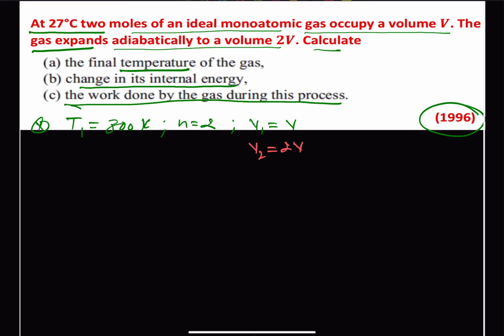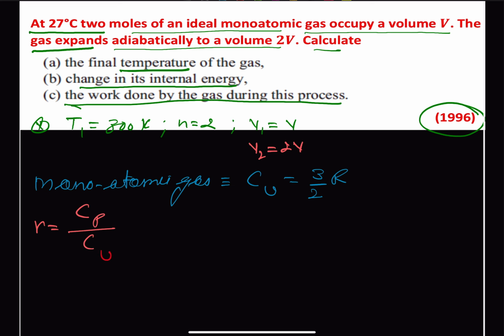Okay, so we are given that we have monoatomic gas. Therefore we can write that our specific heat at constant volume, C of V, will be equal to 3 by 2 times R, and we have an adiabatic index, that is gamma, which is the ratio of C of P and C of V, and will be equal to 5 by 3.